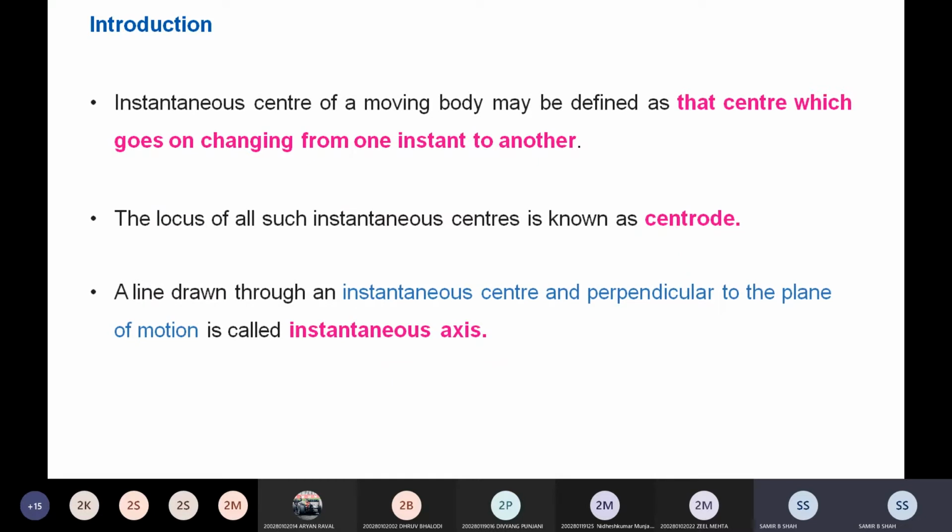The I-center of a moving body may be defined as that center which goes on changing from one instant to another.